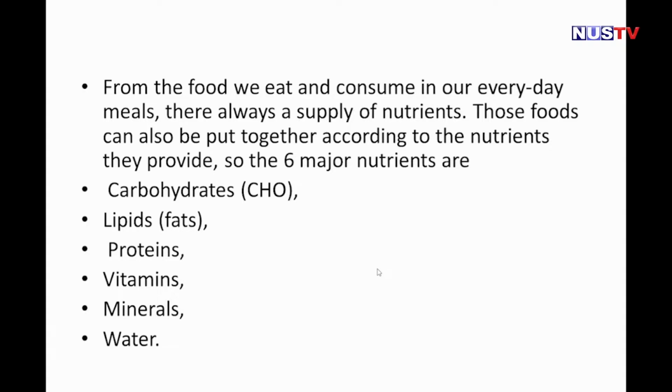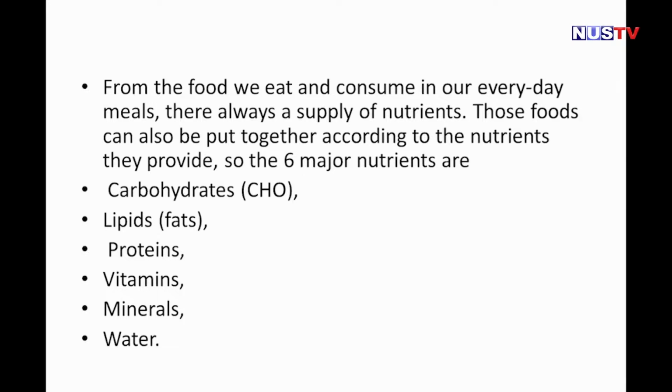Alright, hopefully you have a better understanding of our topic from what we discussed before. From the food we eat and consume in our everyday meals, there is always a supply of nutrients. Those foods can also be put together according to the nutrients they provide.